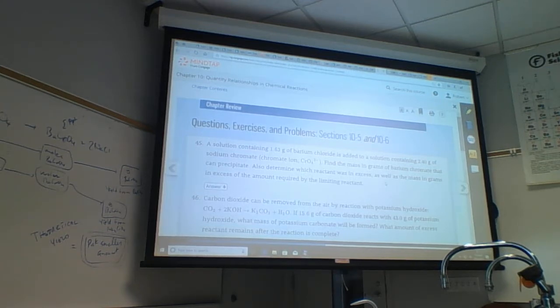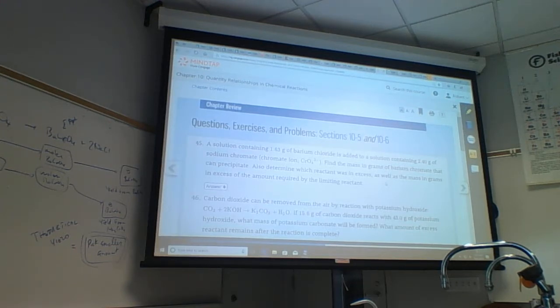It'll be 4 times 16.00, which is 64. So we'll add these up: 253.33. So 253.33 grams of barium chromate for every mole of barium chromate.